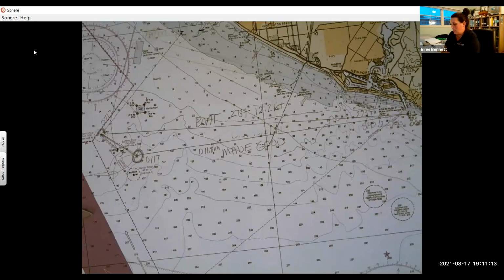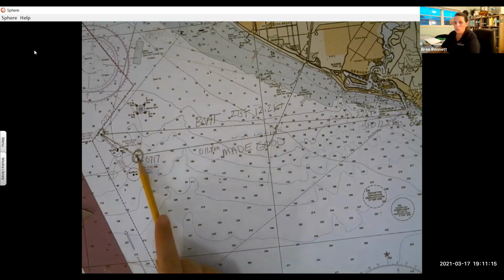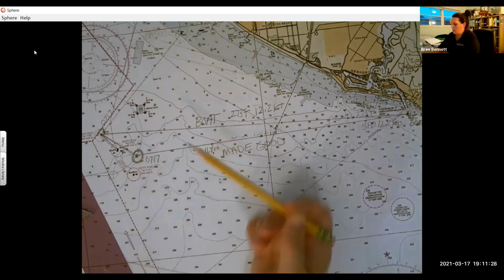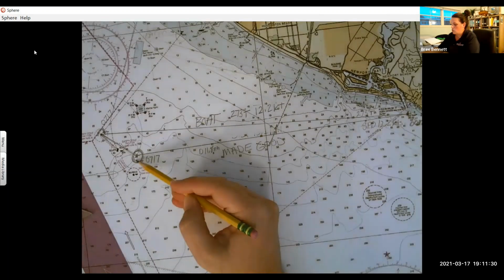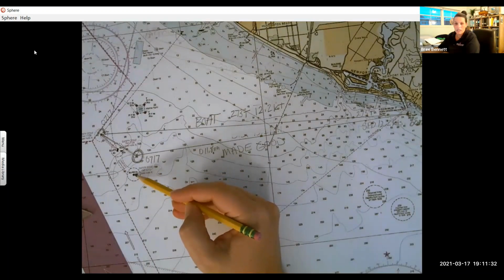What current did you encounter? So we got our position at 7:17 and went all stops and just started drift fishing, and we drifted straight to right under or next to Eureka.